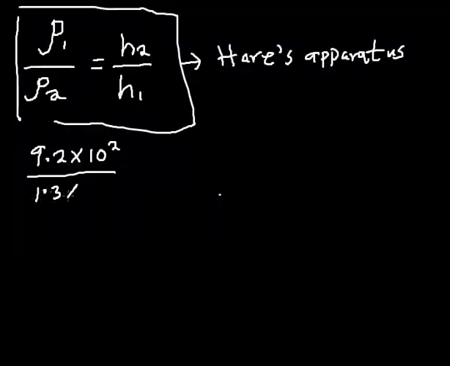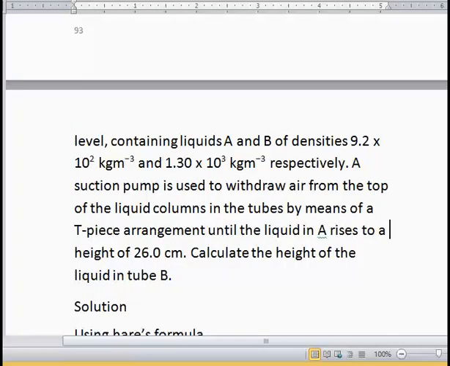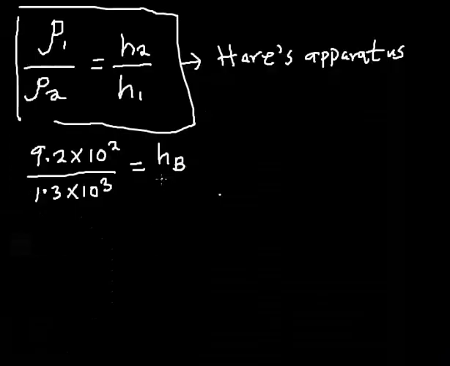Now it is equal to h2, which is the height of B. Height of B is the unknown, divided by the height of A.